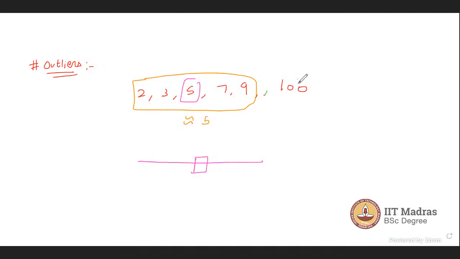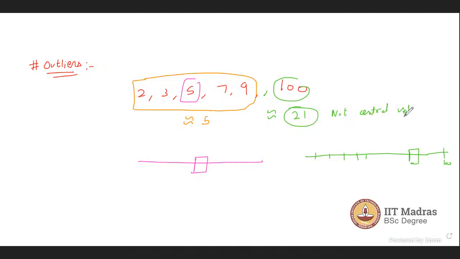But if I add this 100 to this data set, my mean will become something around 21. In that case, all my data is over here, 2, 3, 5, 7, 9, then this central value and then this 100. So this doesn't balance it anymore. The mean is not the central value anymore.